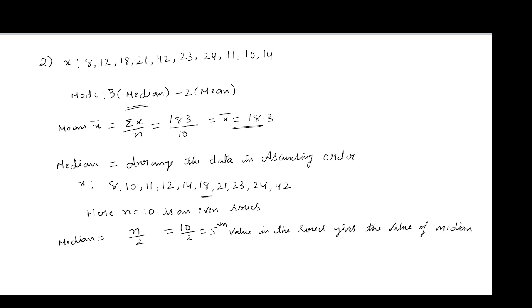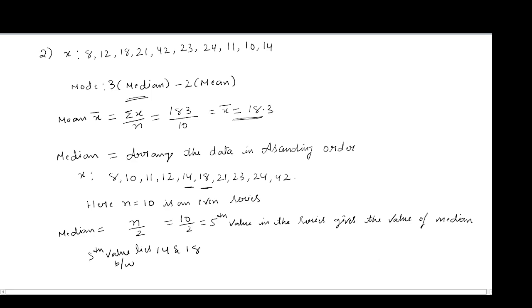Now we have to count it from both sides, left hand side and right hand side. From the left hand side, my fifth value is 18, and from the right hand side, 1, 2, 3, 4, 5, 14. So the fifth value lies between 14 and 18.